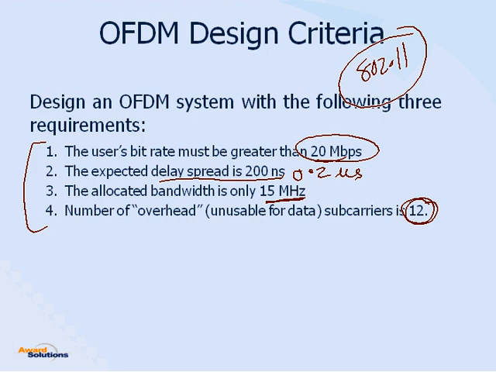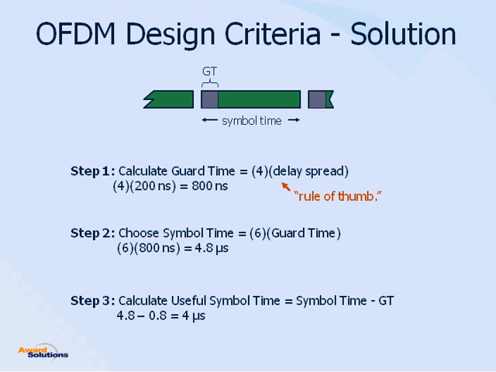So let's look at the example. Now we talked about the cyclic prefix, right? We just need to make sure that it is greater than the delay spread. In wireless LAN systems, we have a little bit larger factor. So we say in this example, as a rule of thumb, 4 times the delay spread. But we do not do that in cellular. This is a fixed wireless environment, so we are doing that.